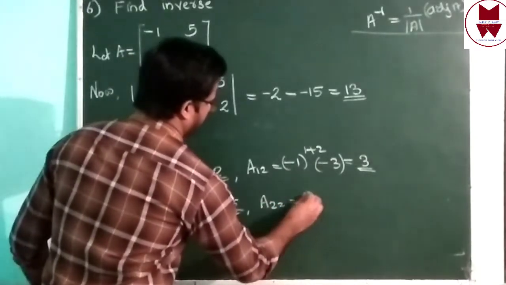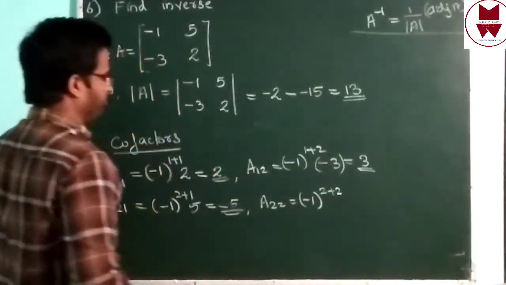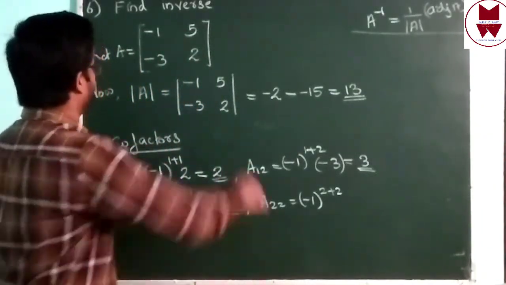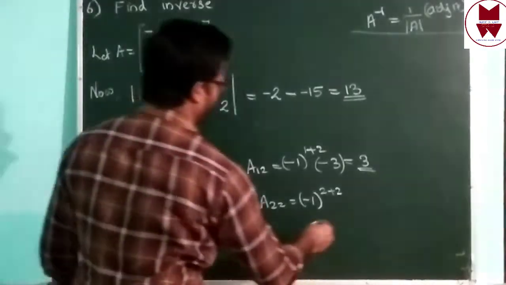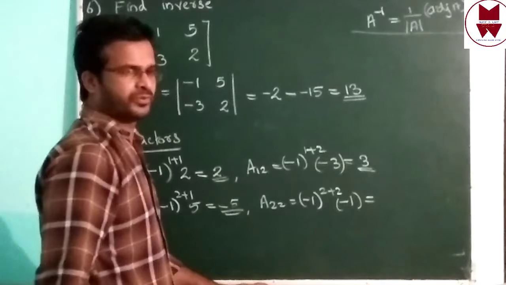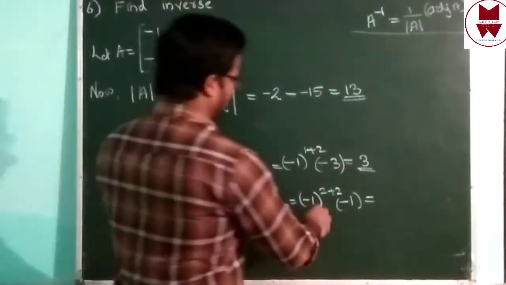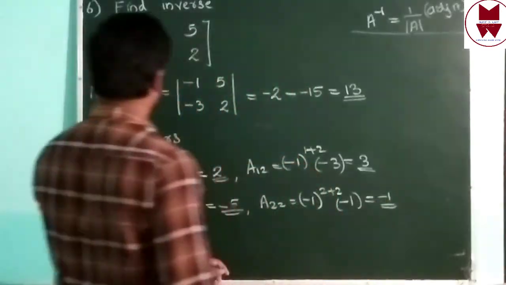A22, minus 1 all raised to 2 plus 2. A22 means delete the second row and second column, then remaining minus 1. Minus 1 all raised to 4 is plus 1, then plus 1 into minus 1, you will get minus 1.